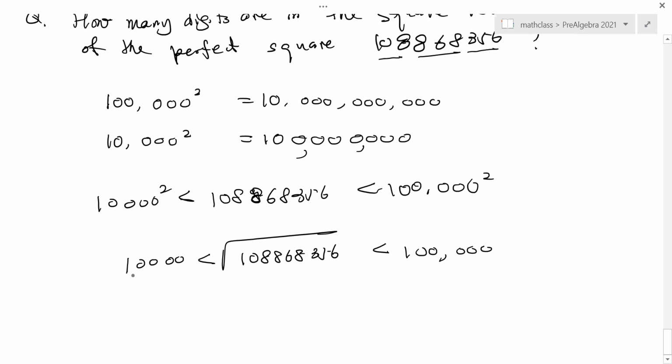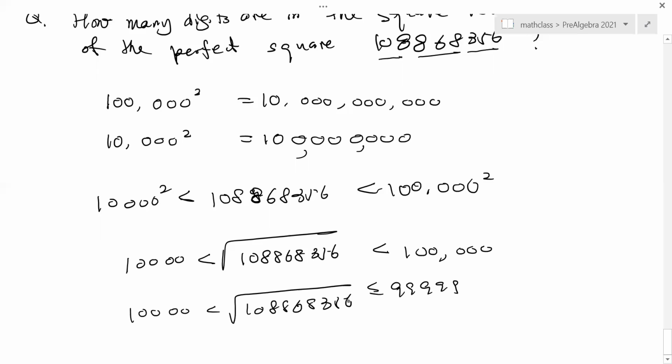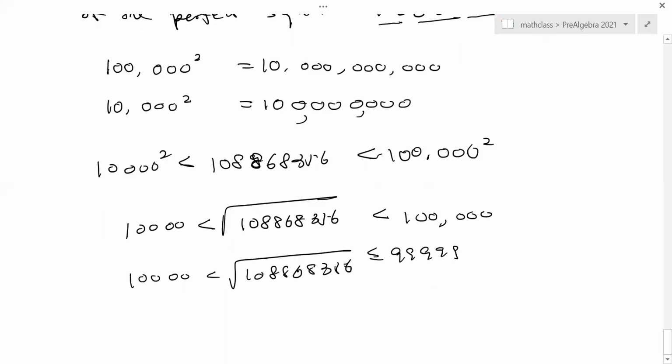Because it's greater than the smallest 5-digit number, 10,000, but never gets to 100,000. So it's less than or equal to 99999, and that's why it is a 5-digit number. The square root of that number is a 5-digit number.